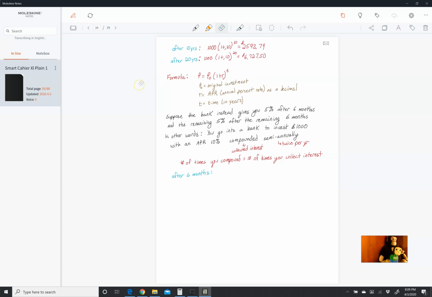Okay, so after 6 months, we're going to get $1,000 plus $1,000, and this time, instead of multiplying by 0.10, we're only multiplying by 0.05. So this is your R divided by 2.